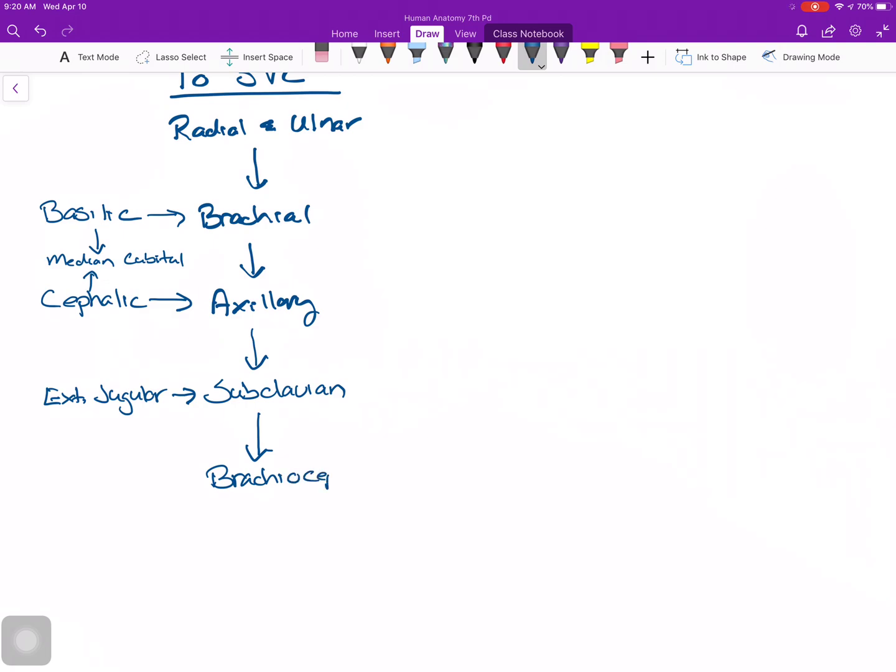Now, in addition to blood from the subclavian, the brachiocephalic is also going to get blood from the vertebral vein. And it's going to get blood from the internal jugular. And then that's going to empty into the superior vena cava.